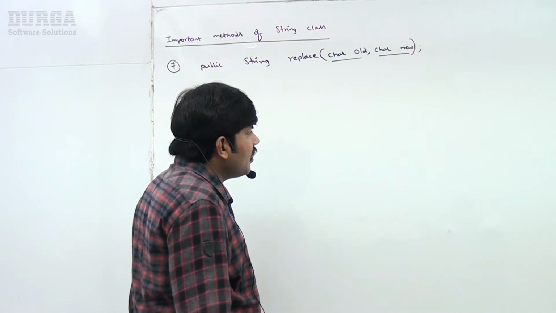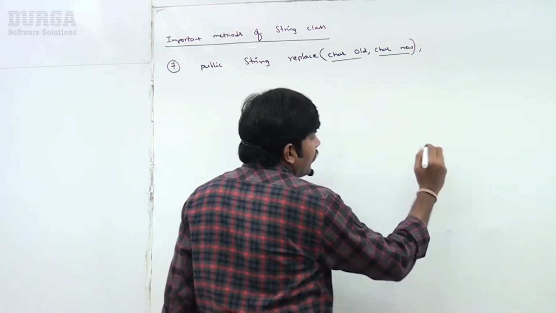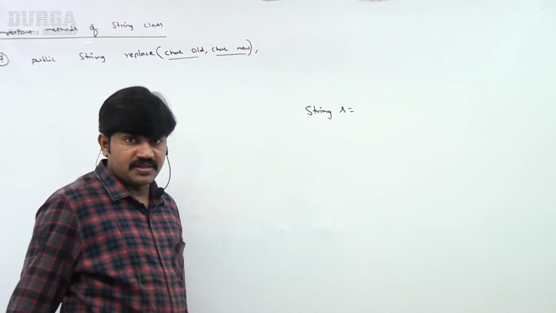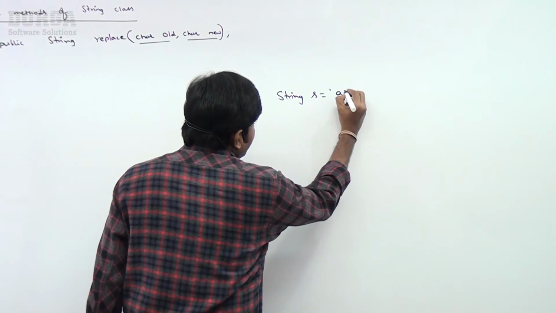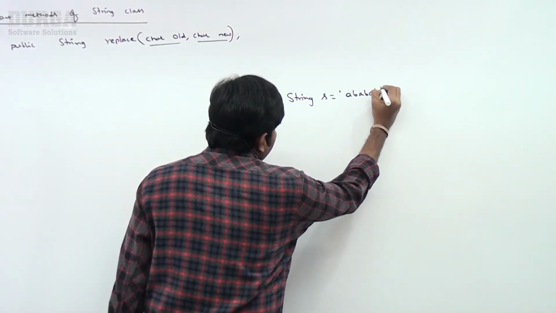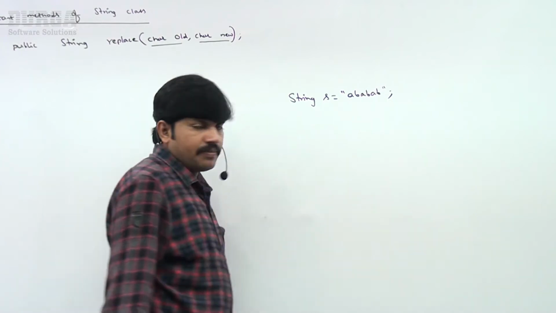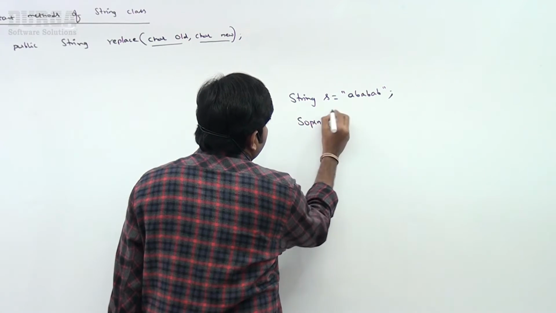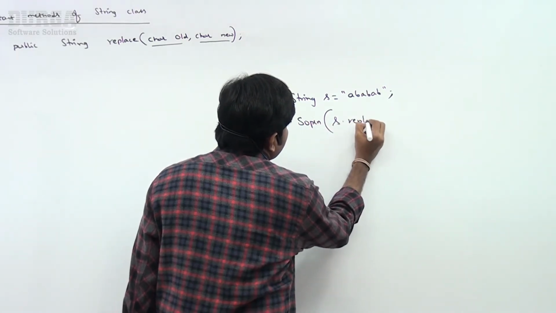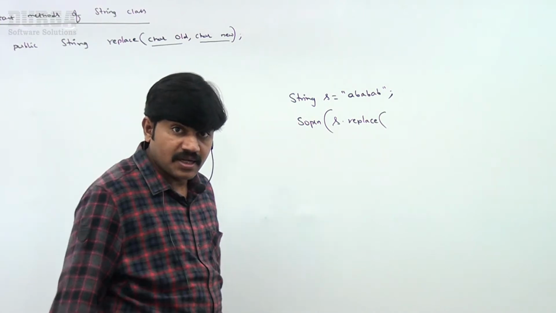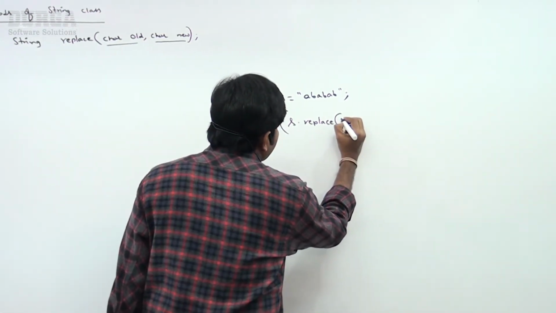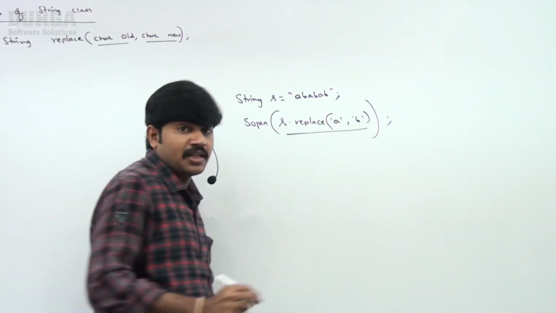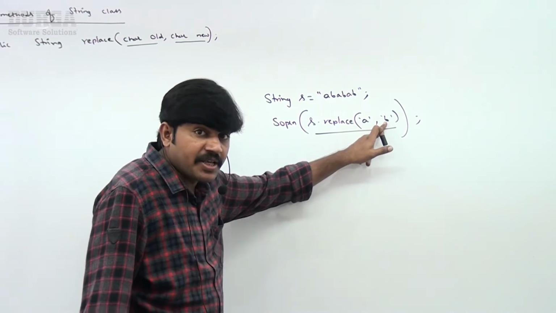Okay, well. So now observe that I have string s is equal to a b. Now system.out.println s dot replace of, can you please replace the a character with the b character?